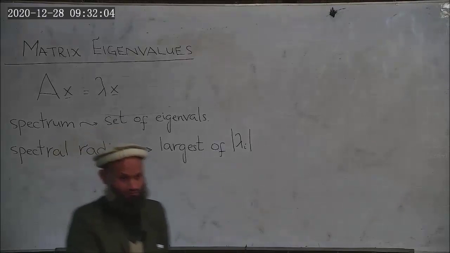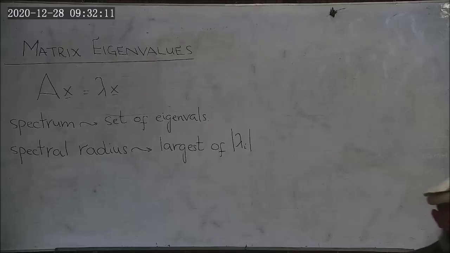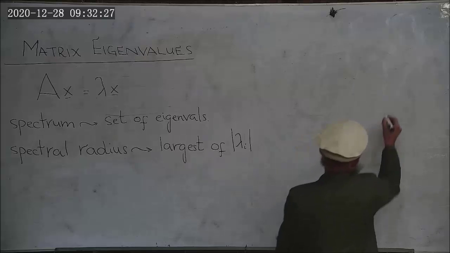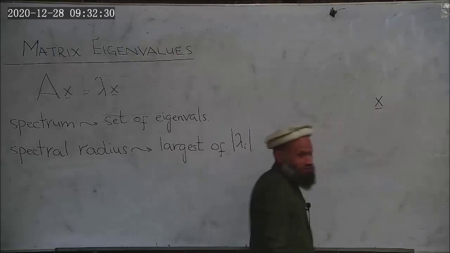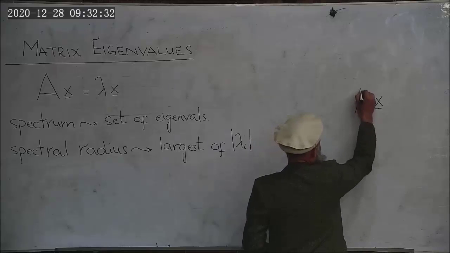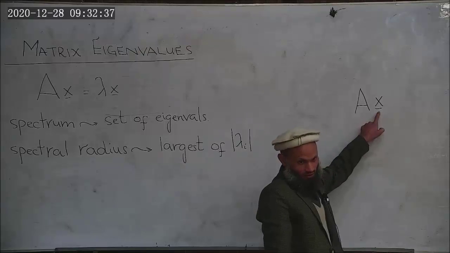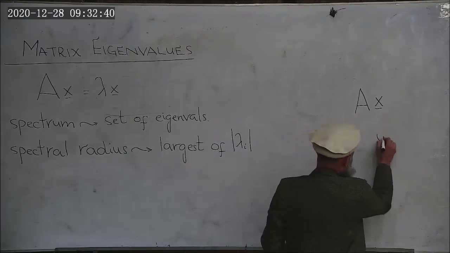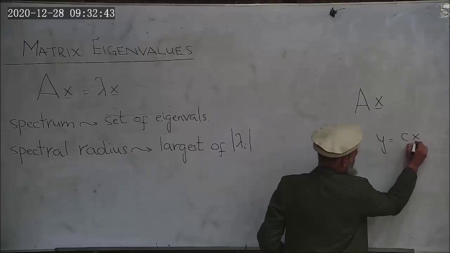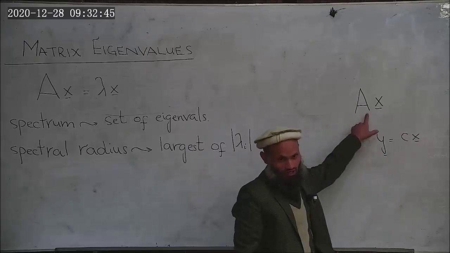Yes, please. The question is, if we have multiple eigenvectors, then are these eigenvectors linearly independent or dependent? So remember that if this vector x is an eigenvector of this matrix, then any scalar multiple, for example y, which is equal to c multiplied by x, this y will also be an eigenvector.